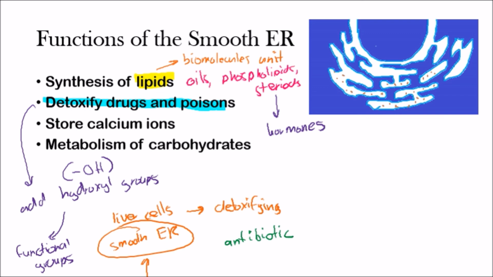What will end up happening is since there's such an excess amount of smooth ER, the smooth ER is going to add hydroxyl groups to the antibiotic, so the antibiotic can't even do its job and kill the bacteria in your body. So make sure you don't drink that much. Drinking alcohol is bad for reasons like this. Okay. So anyways, that's the second function of the smooth ER.